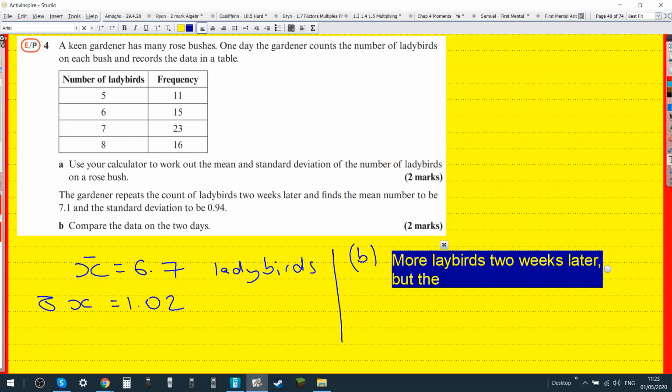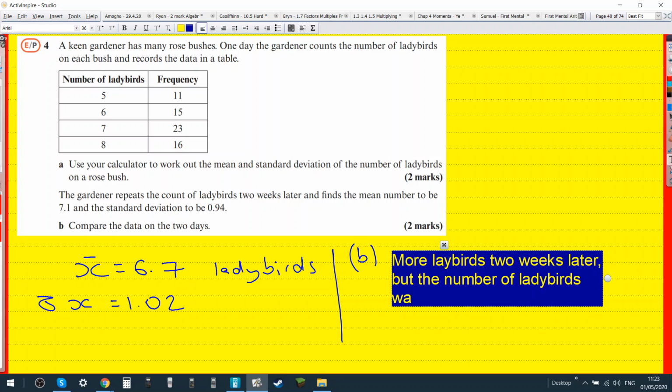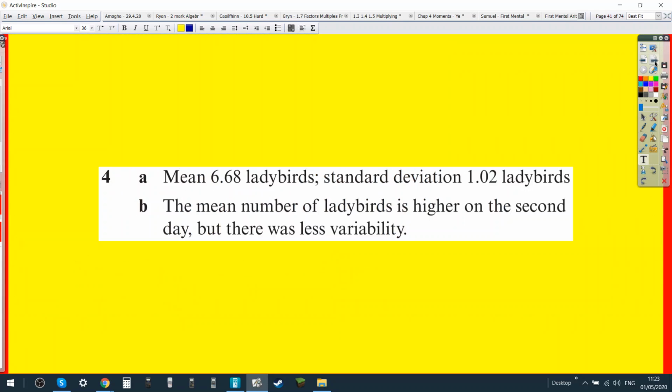Yeah, but the number of ladybirds was more spread out. Let's say it was more variable. So on average there were more ladybirds on each bush, but it was more spread out. Although there was a higher maximum, there's also a higher minimum. Let's see what they said.